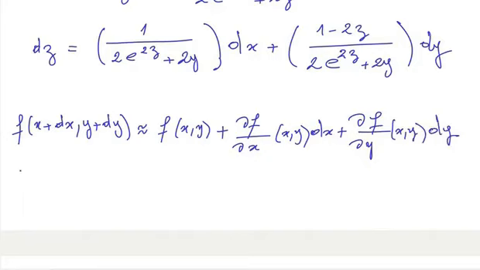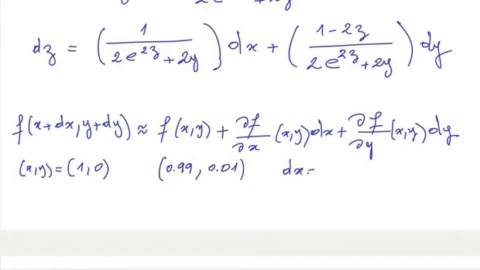So in our work here, the point in question is the point 1, 0. It is therefore a matter of taking dx equal to minus 0.01, and dy equal to 0.01.